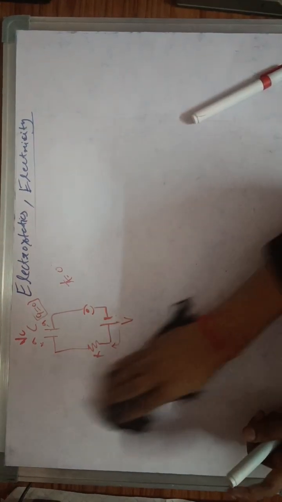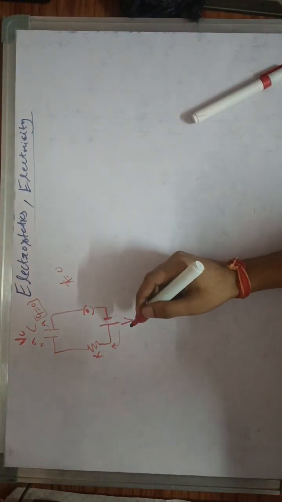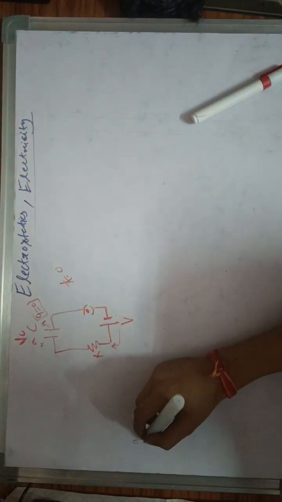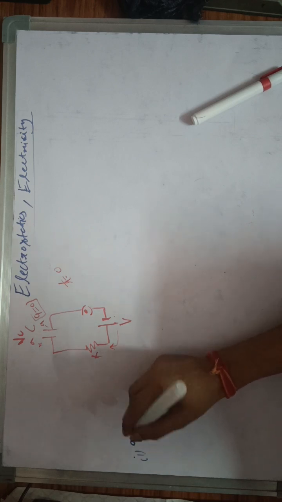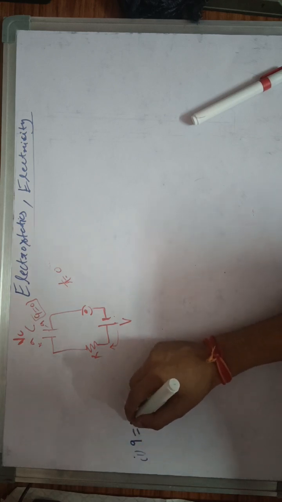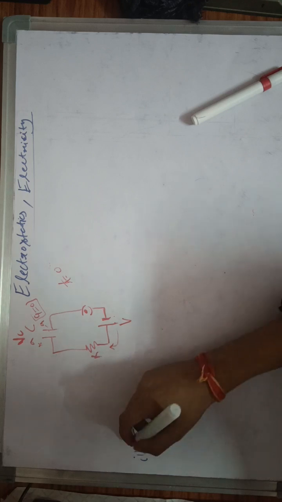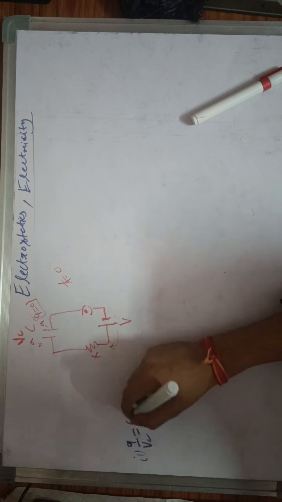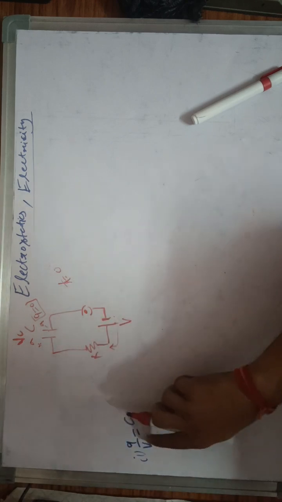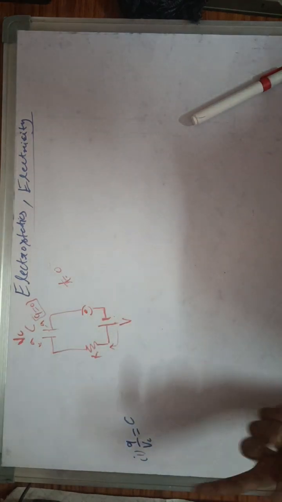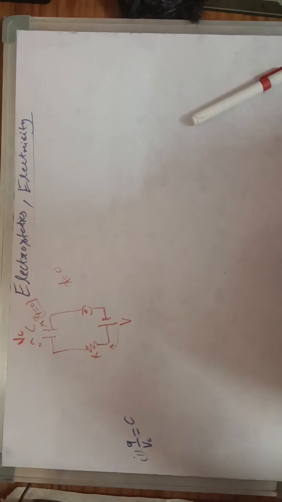Now let's make the equations and calculate all the values. First of all, the important thing is that Q by VC is the capacitance, where Q is the charge stored at any instant and VC is the potential difference across the capacitor at any instant.